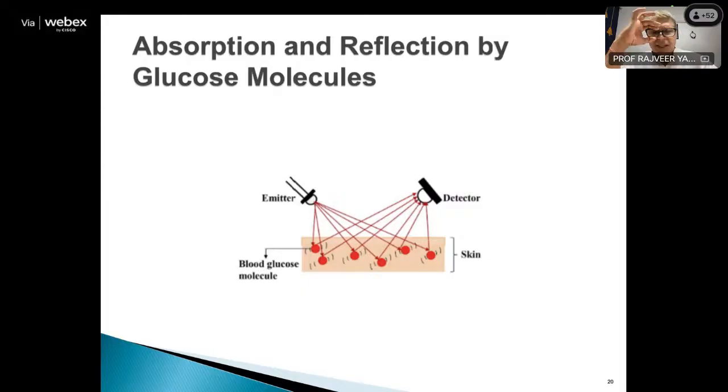From this, these are the blood glucose molecules. We are sending a terahertz signal from the meter, and each molecule at this particular frequency will create resonance, and from that resonance or oscillations, the absorbance will increase or decrease depending on the number of molecules in that particular volume.